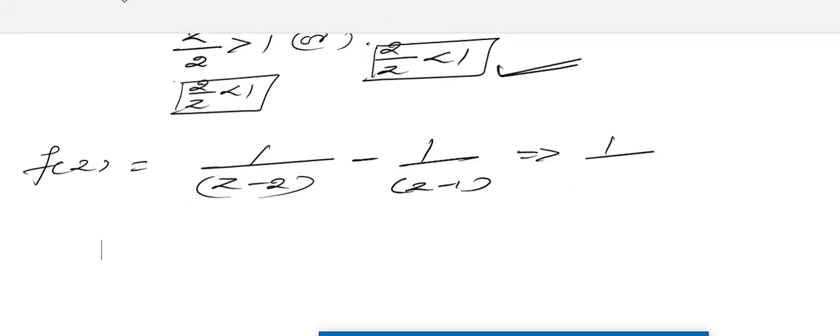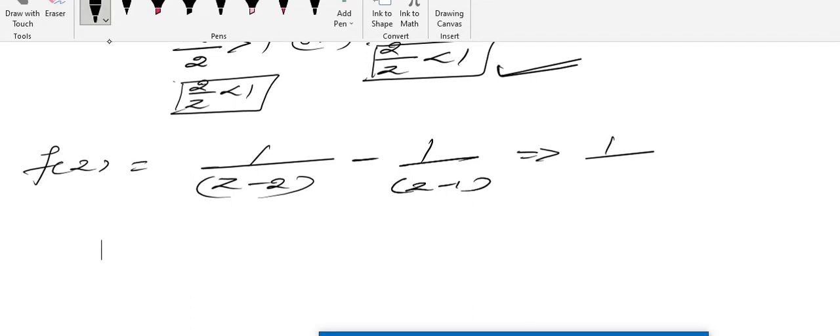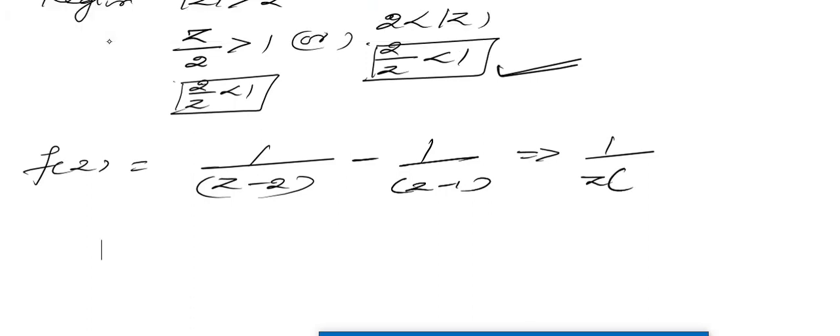Instead of taking 2 common out, I need z in the denominator. So I'll take z common out here. When I take z common out, I have 1 minus 2 by z. You can clearly see 2 by z is there in our function, minus 1 by z minus 1. Since the range mod z is greater than 1, here also the inequality fails.